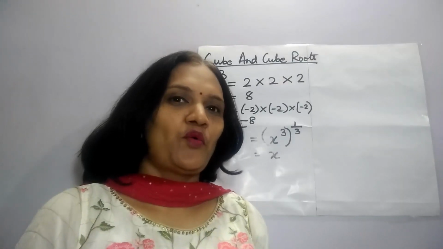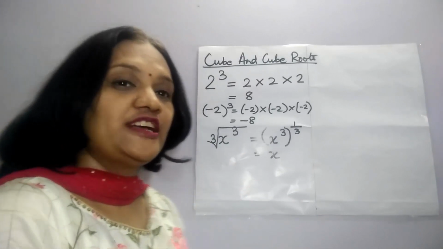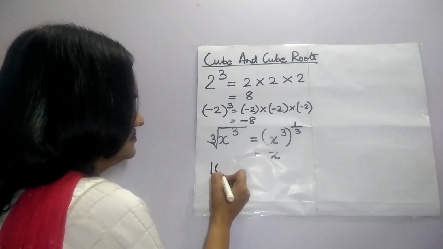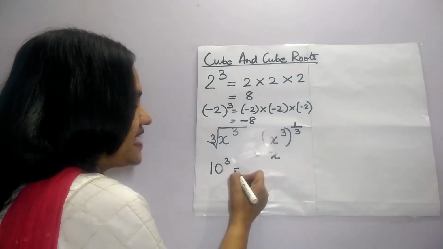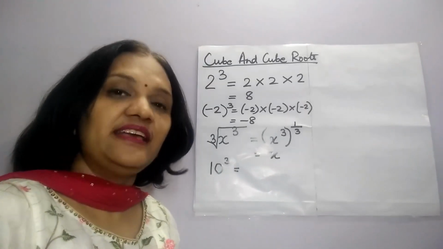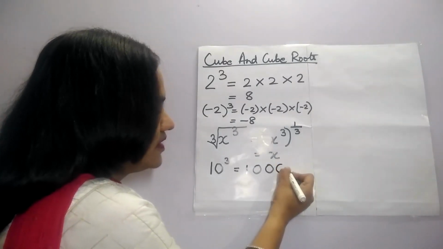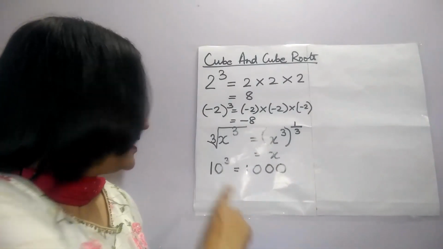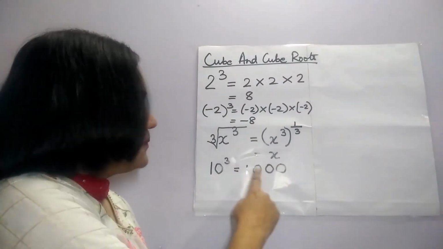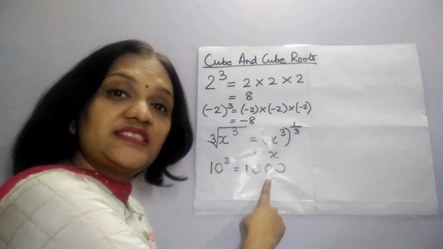Can you tell me what is the cube of 10? 10 cube means 10 into 10 into 10. So we get 1000. Here there was 1 zero, but here there are 3 zeros.